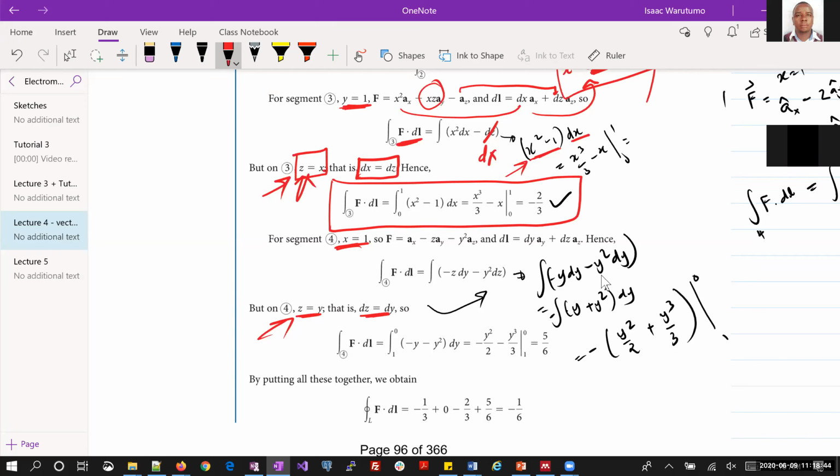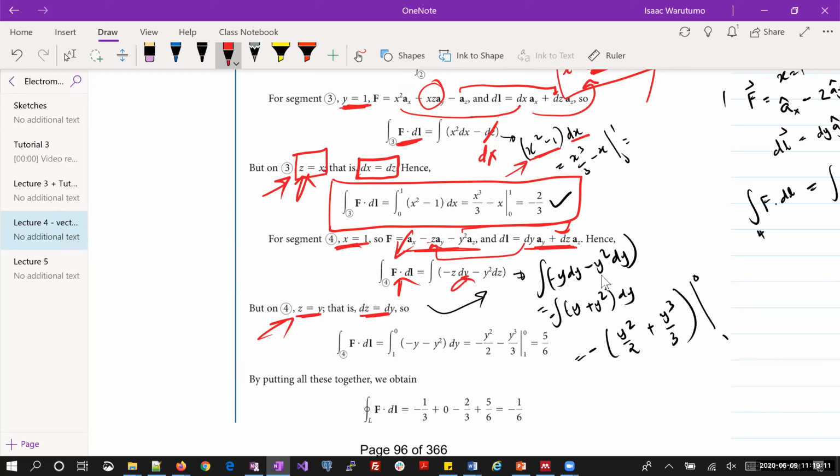So again, I did the dot product, and I assume that you got how we are doing it, because the terms are going to follow just like we did for path 3. And since we do not have ax, this term is the one that we use. Therefore, you're going to have minus z dy and y squared dz. That gives you this term.